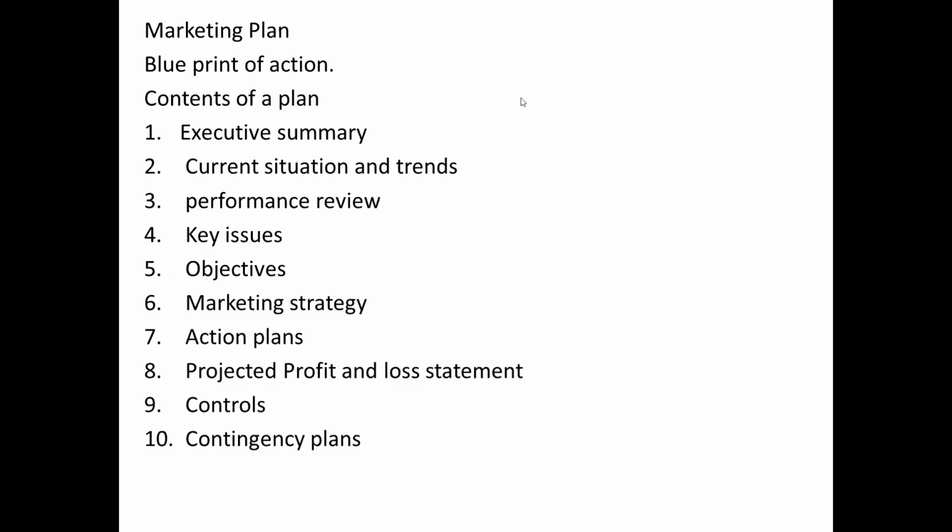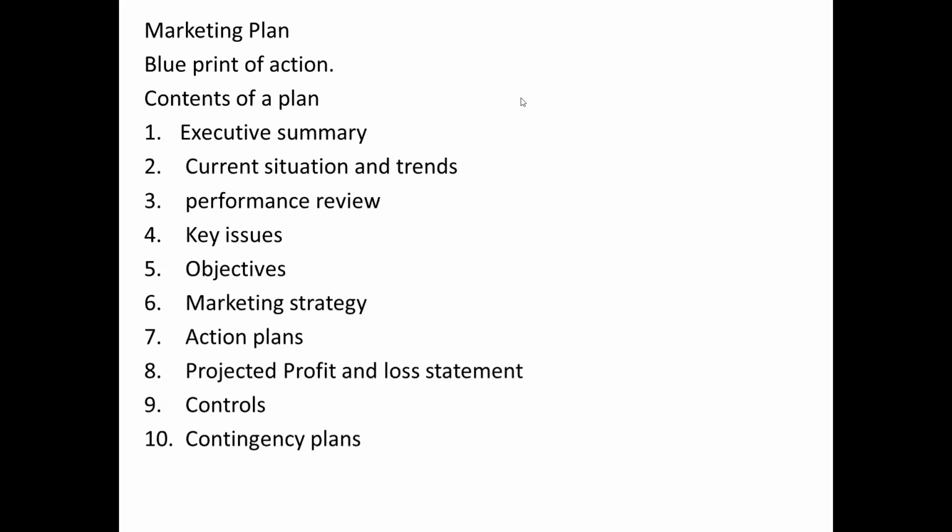So here this manager every now and then keeps an eye on the performance of that particular product, in which area how the product is performing, whether it is up to the mark, whether the things are under control. If the things are not under control, what is to be done? So this current marketing situation will help the company to understand the level where the product performance stands.